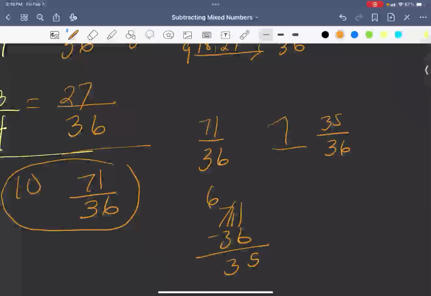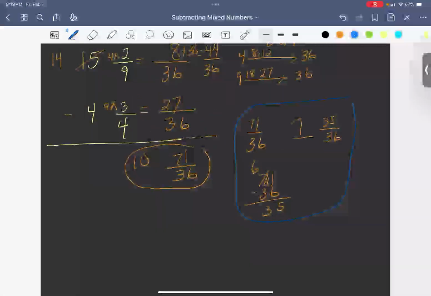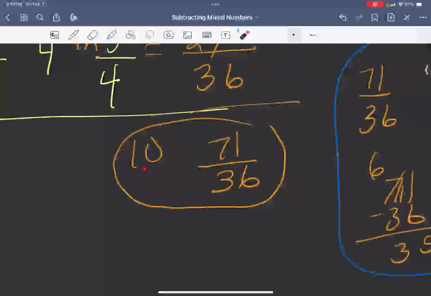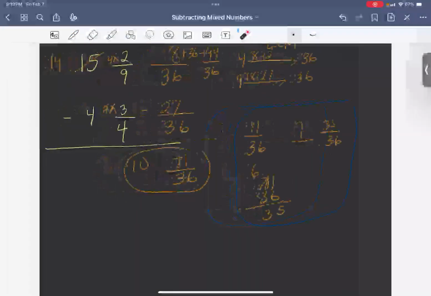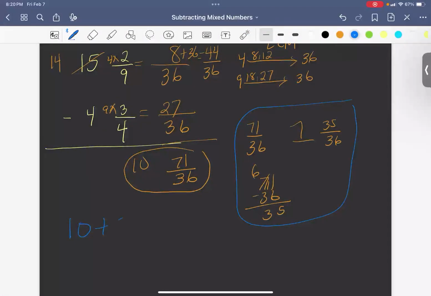Okay, so that is this here. Let's change this. But we have 10. So I'm going to add the 10. So we have 10 plus 1 and 35 over 36.